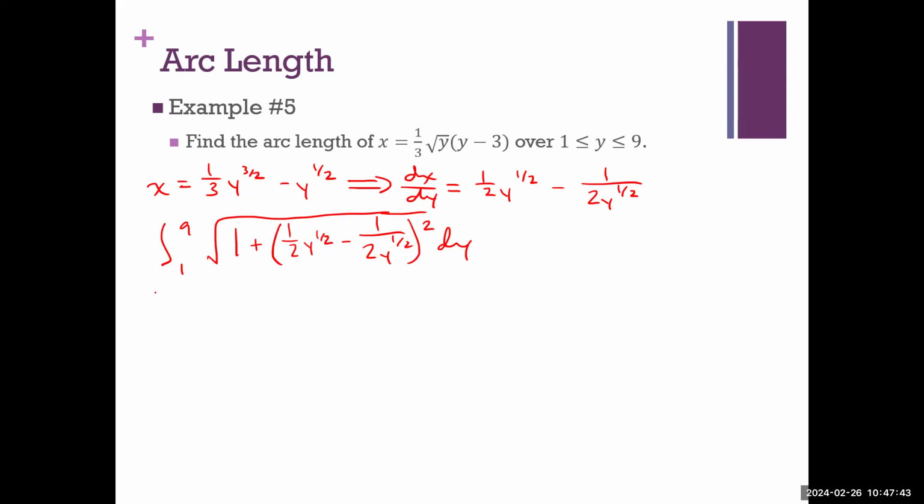All right, what now? Yeah, so let's go ahead and distribute that, see what happens, if anything. So 1/4 y minus 1/2 plus 1 over 4y.